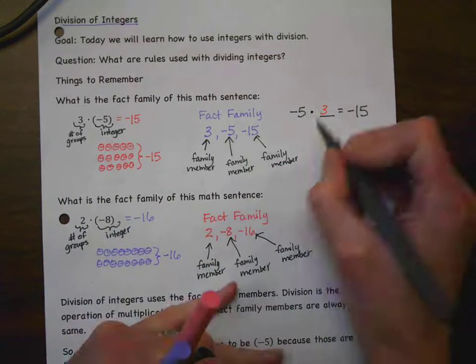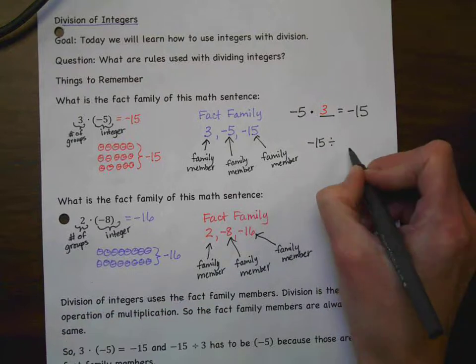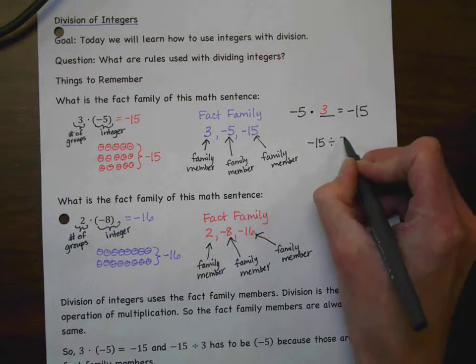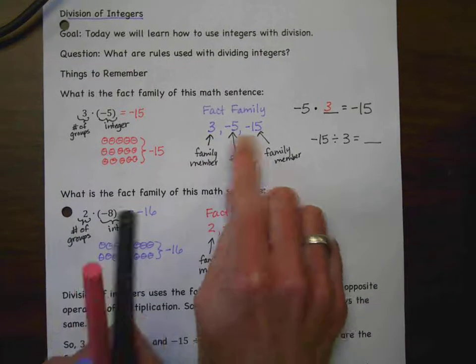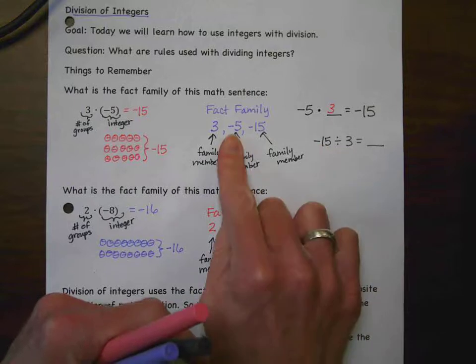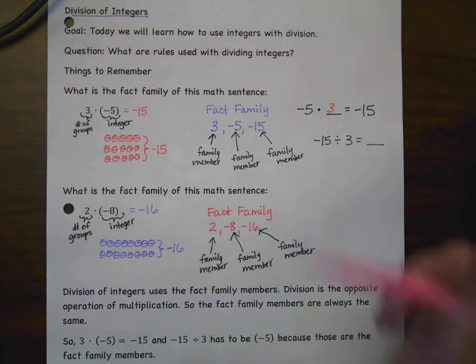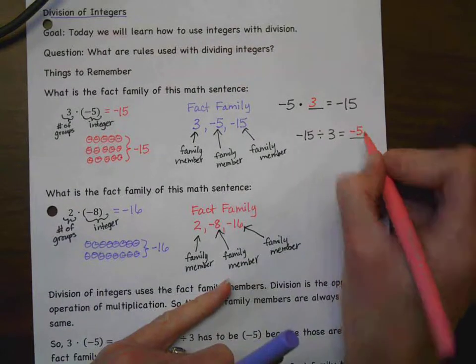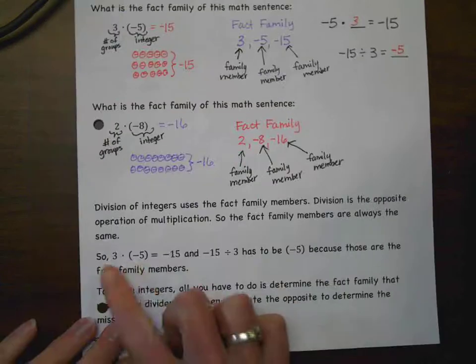Okay, so now let's try another one. What if we say -15 divided by 3 equals what number? So look at your family members. Who is missing? -15 is here, 3 is here. Who's missing? Well, -5 is missing, and so that tells us that this has to be the answer because that's the missing family member, okay?